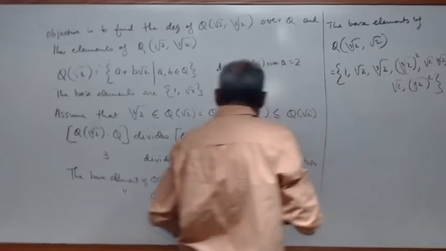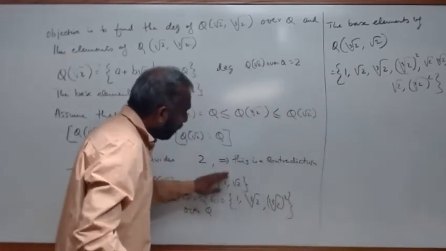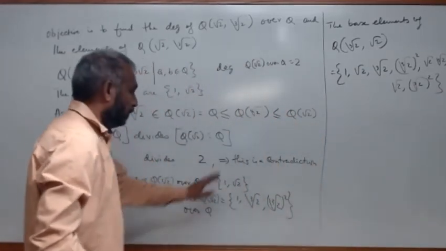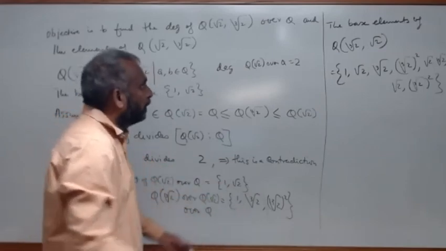There will be 6 elements. You multiply each from here and this.